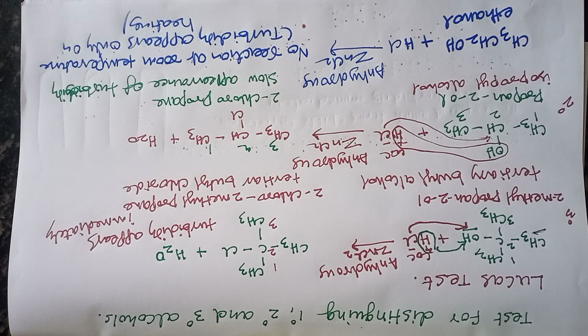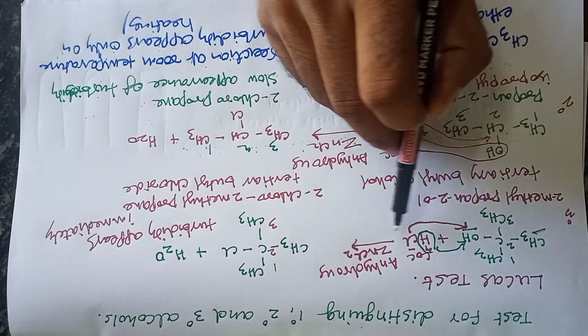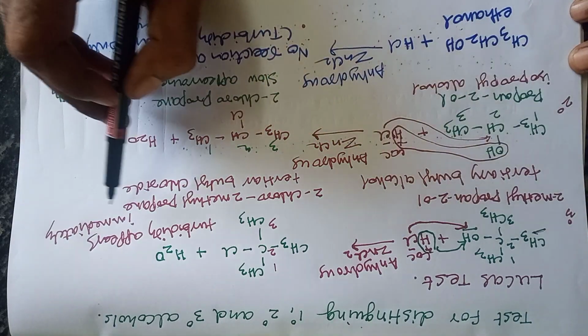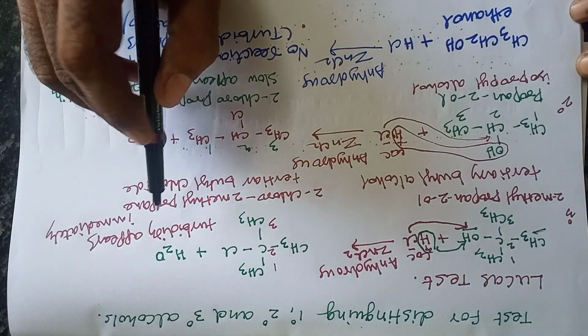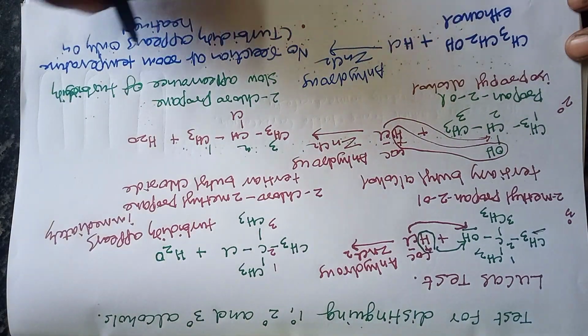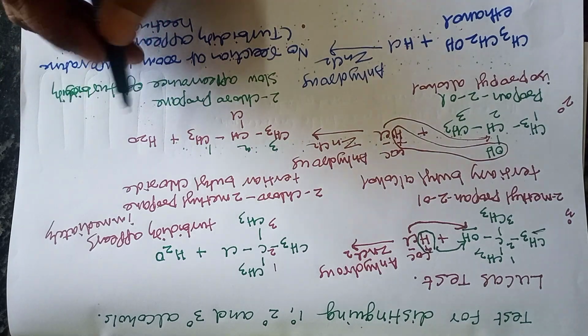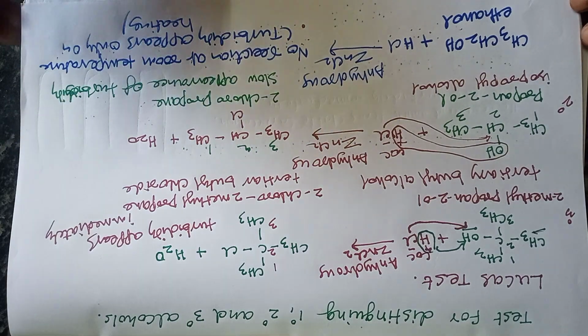So we can identify whether the given alcohol is primary, secondary or tertiary using the Lucas reagent. If the given alcohol is tertiary, there will be an immediate appearance of turbidity. If it is secondary, there is a slow appearance of turbidity, within 10 minutes, approximately 5 to 10 minutes.